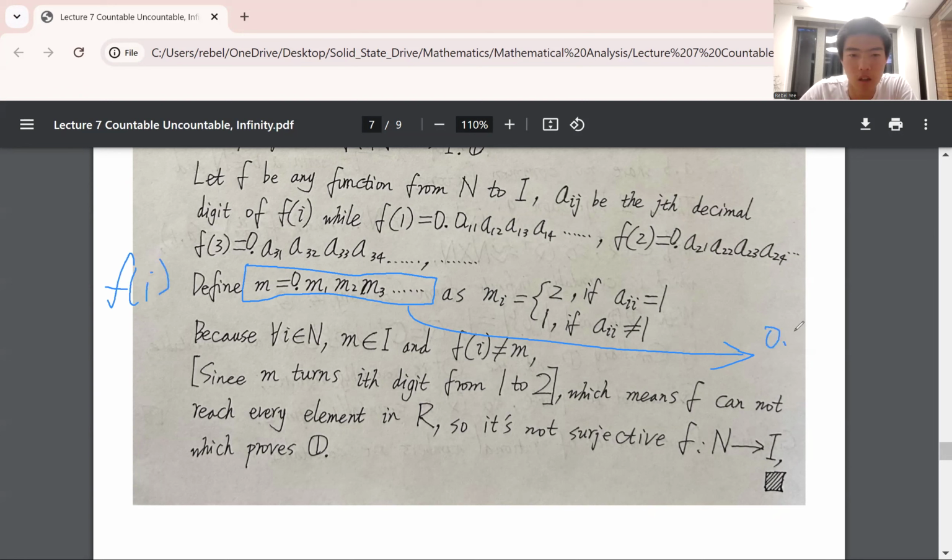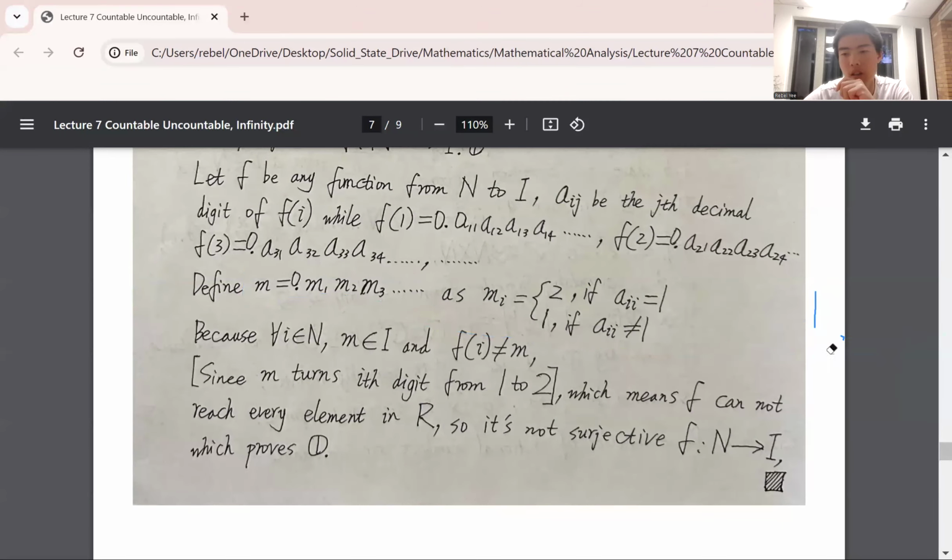For example, it cannot reach 0.12 and 0.11 at the same time. In this case, some codomain is not mapped by f, so any function f is not surjective, which means it's not bijective.